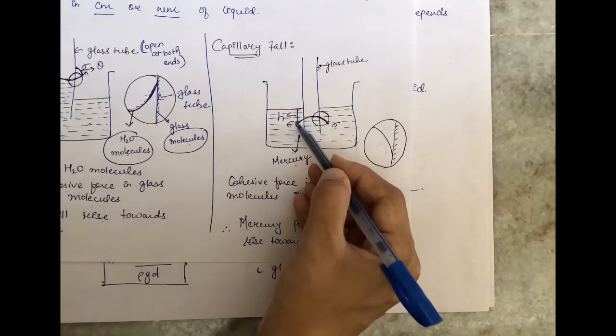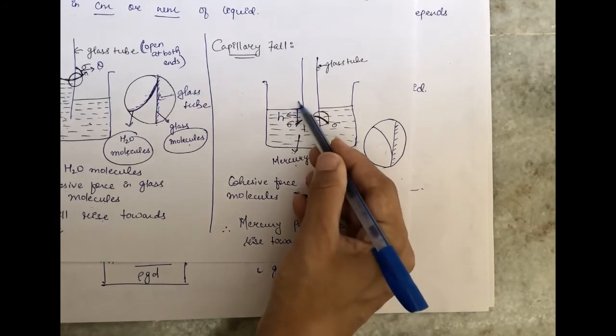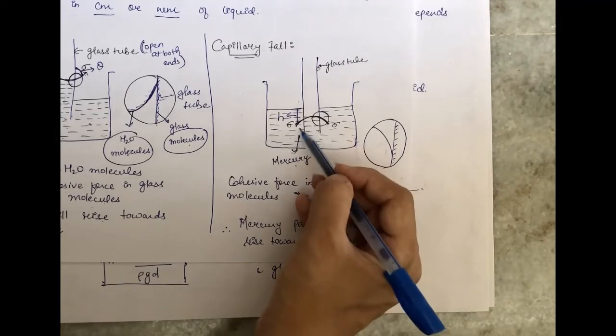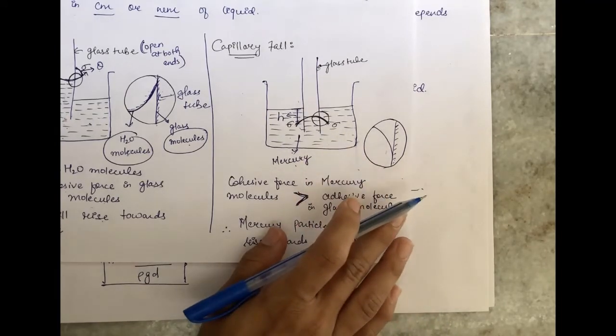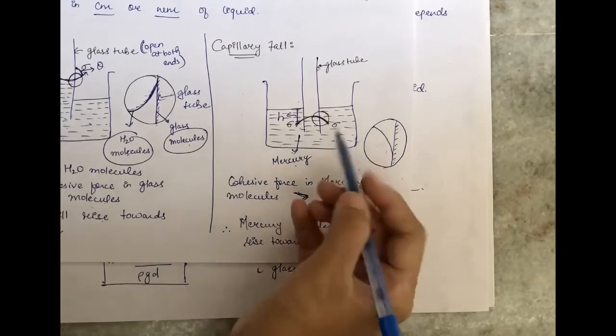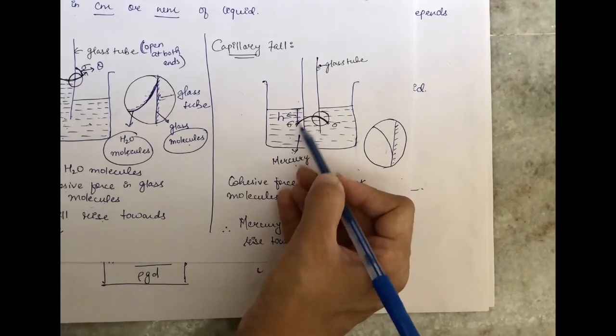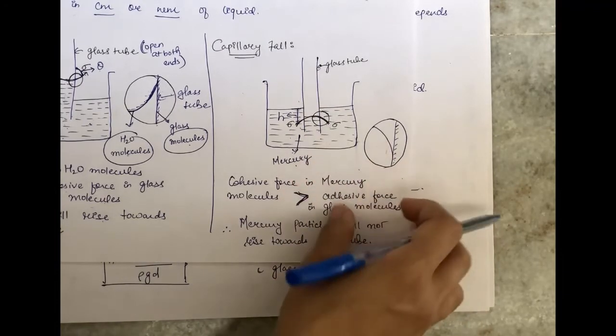Anything remains in equilibrium when the upward and downward forces are neutralized, meaning the net resultant force is 0. If the downward force and the upward force are equal, hydrostatic equilibrium is achieved and this capillary fall is happening.